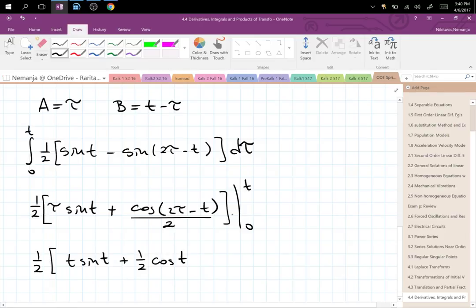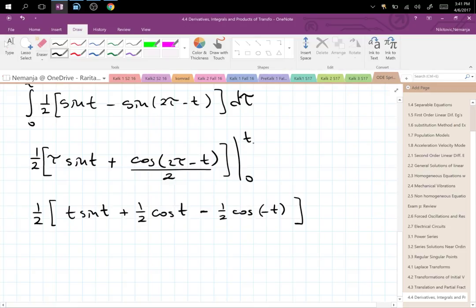When I plug in 0, the first one dies. The second one becomes minus 1/2 cosine of negative t.